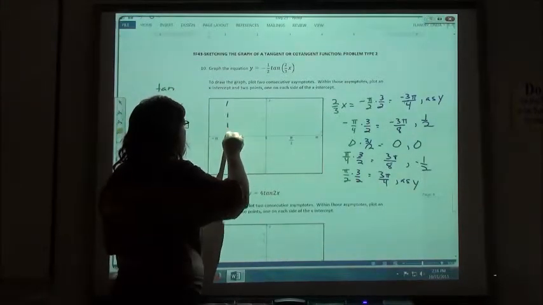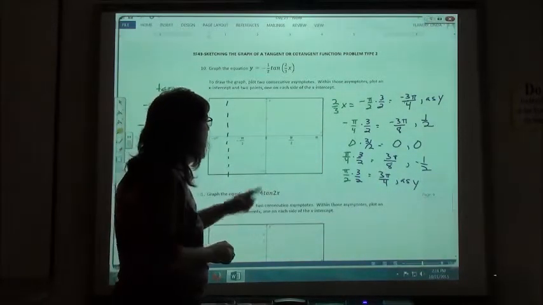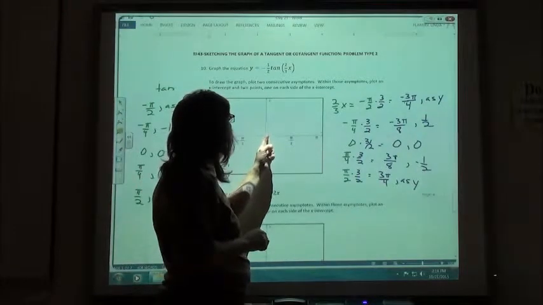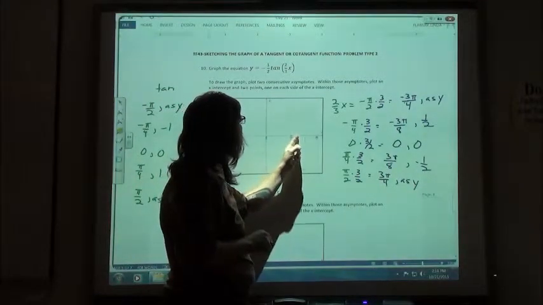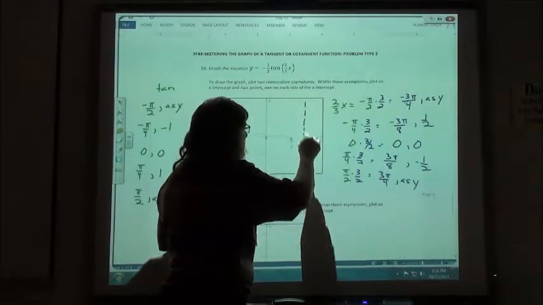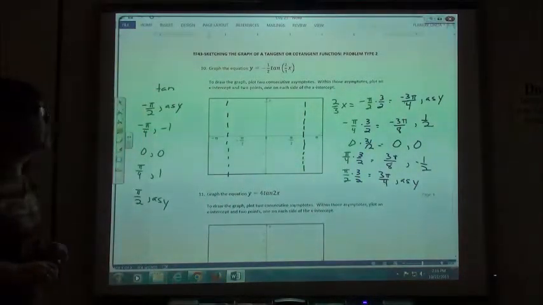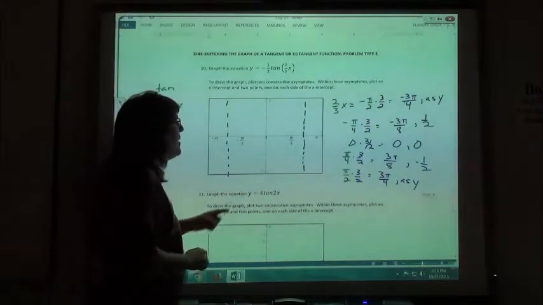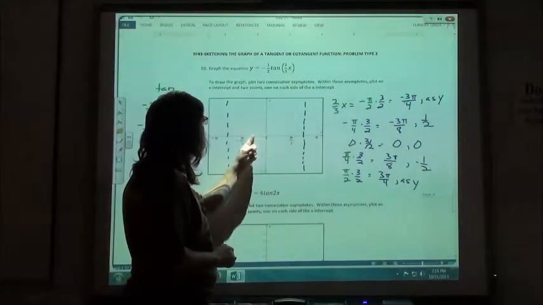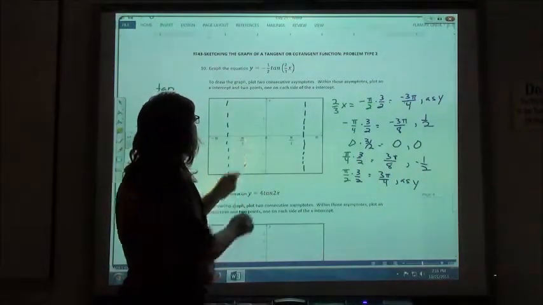Here would be -3pi/4. And at +3pi/4, so 1, 2, 3, 4, 5, 6. 6/8 is the same thing as 3/4, right? -3/8. 1, 2, 3. I'm at +1/2.